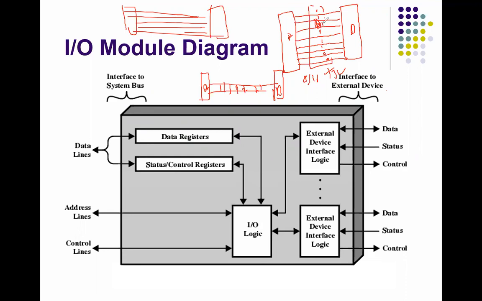So this is another disadvantage in parallel data transmission. But in serial, we are sending 1 bit at a time, so there is no crosstalk possibility.